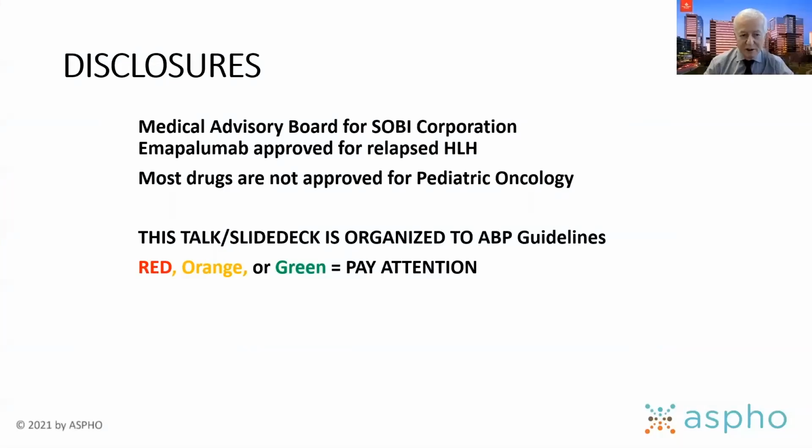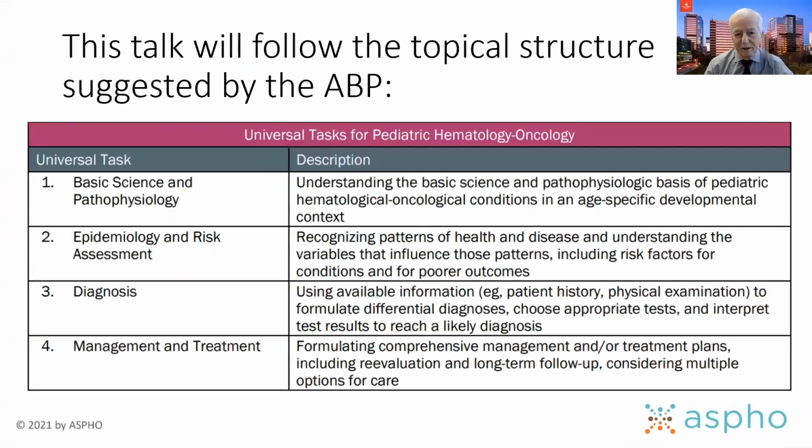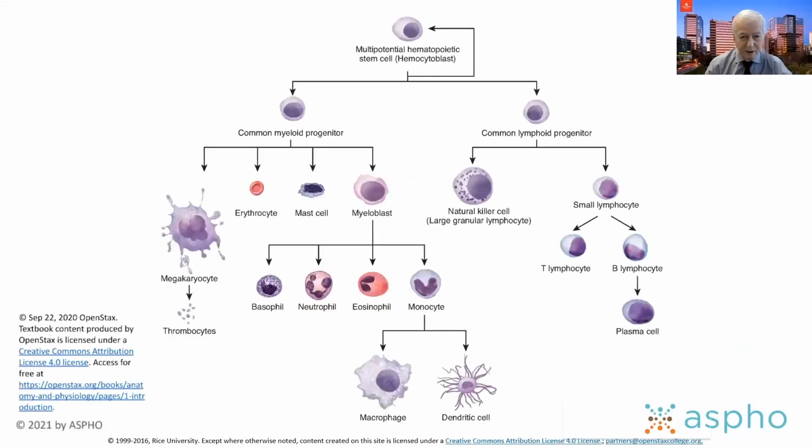My disclosure slide here, and some things for you to pay attention to that I've tried to highlight as important things in the lecture. As with all the lectures, I'll follow the American Board of Pediatrics outline, trying to cover the basic science and pathophysiology as well as possible, along with epidemiology and risk assessment, diagnosis, management, and treatment for each of these categories of diseases.